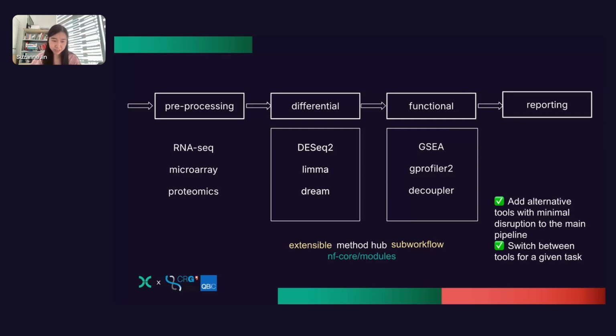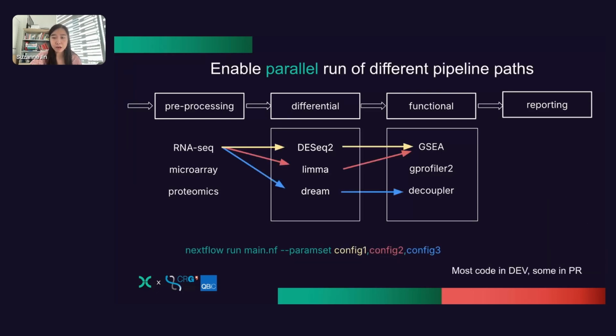And beyond this, I want to highlight one last feature, which is, in order to enable the pipeline to be a true hub that allows users to explore different tools and different analytical options, we provided a way for the pipeline to run different paths across the entire pipeline in parallel.